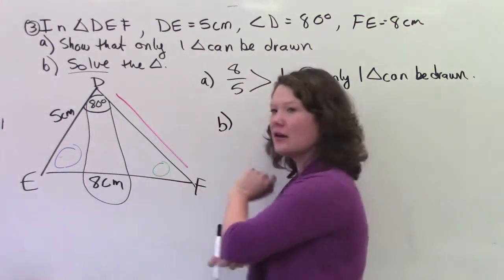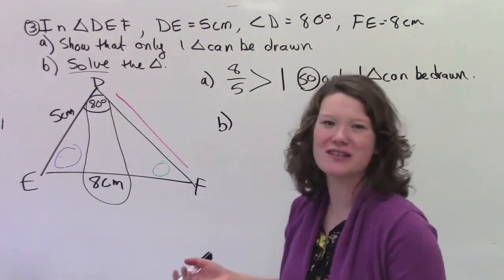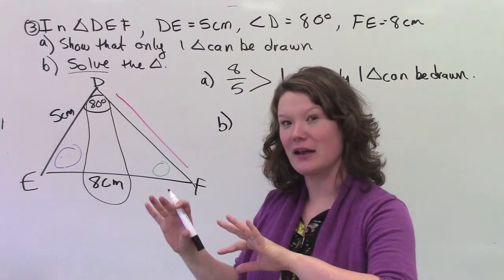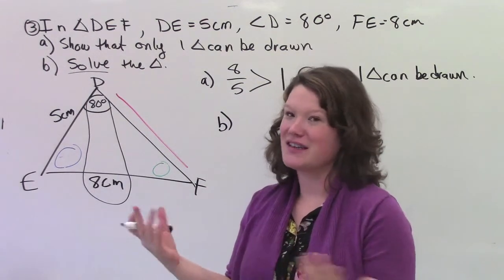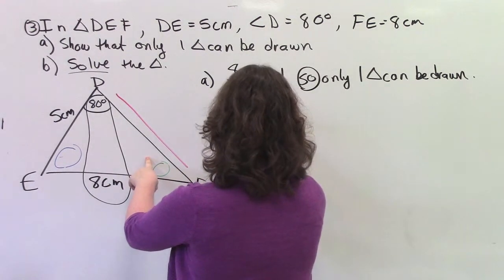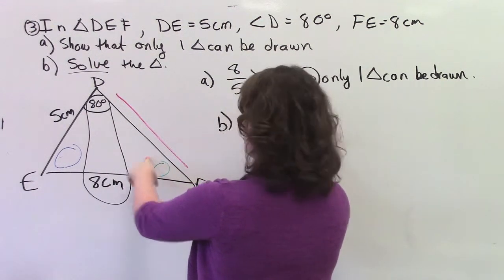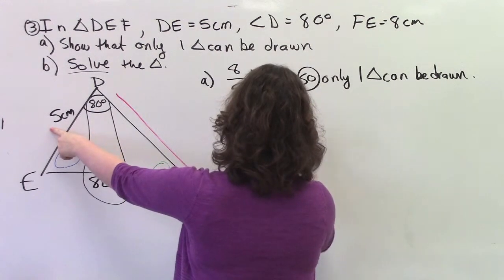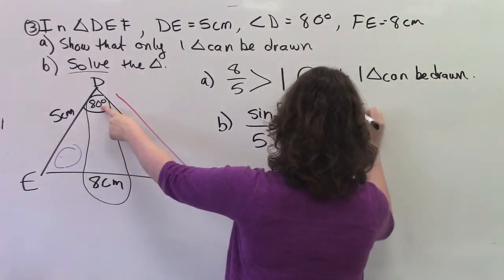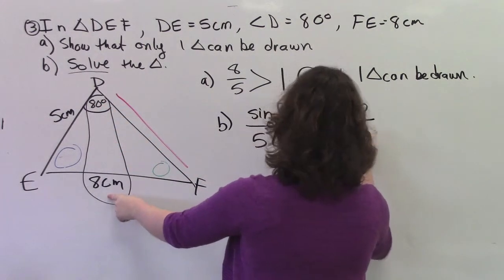Since we're looking for an angle, I want to put those sines on top. It doesn't matter if you put the sines of the angles on the bottom. It just makes it easier for solving, that's all. So sine of F over 5 is sine of 80 over 8.